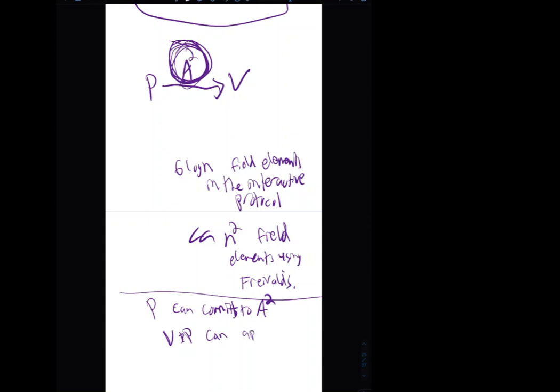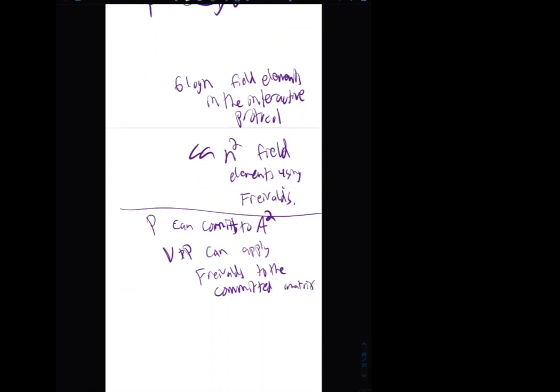And then V and P can apply Freivalds' to the committed matrix, without the prover ever revealing what's inside the commitment. That's the sort of thing that snarks do a lot.